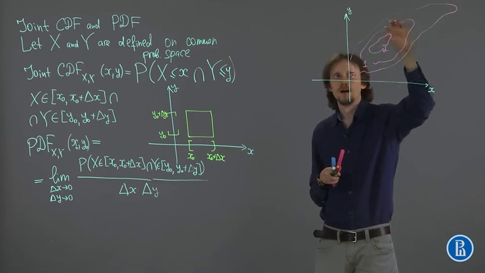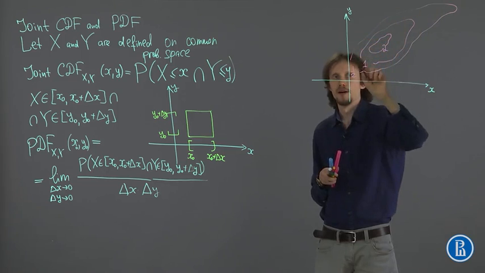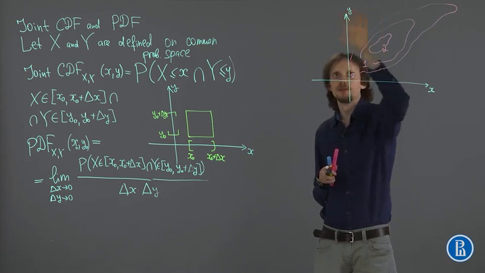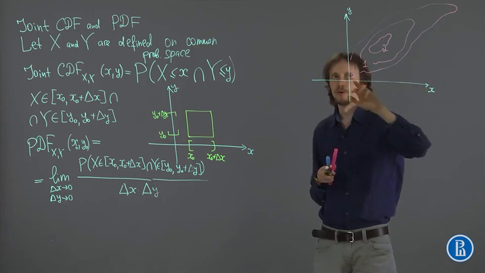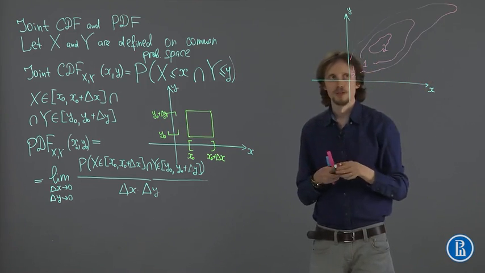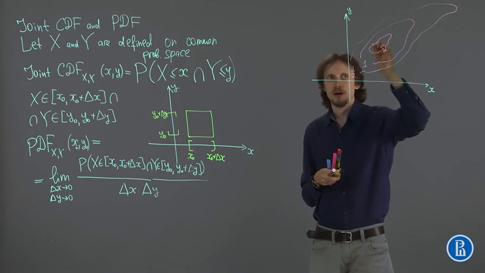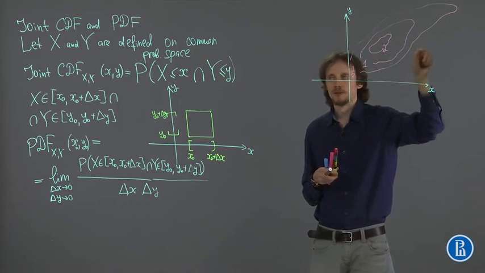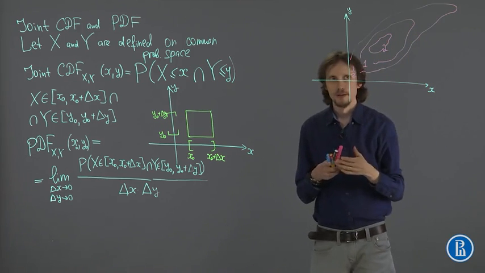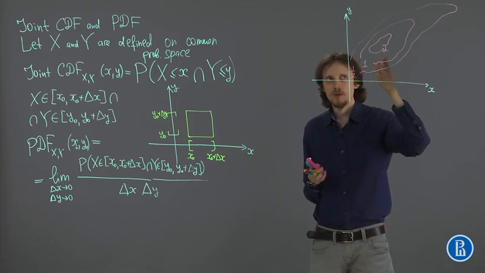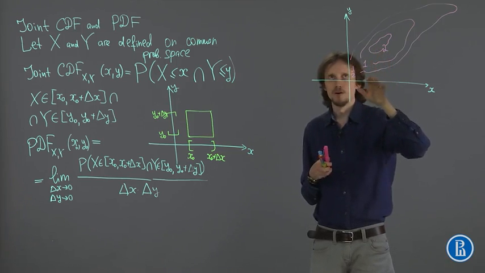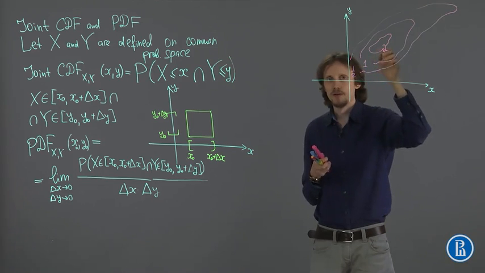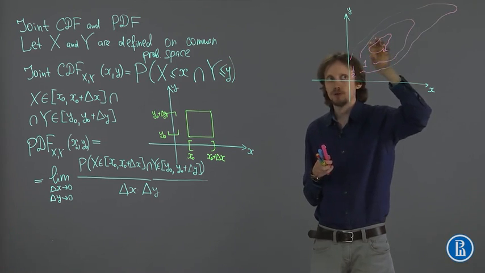In this area they are between 1 and 2, and in this area they are between 1/2 and 1, and here they are less than 1/2. It means that it is more probable to have a point that is here than in a similar rectangle somewhere here. So the probability density function gives us information about how likely it is to have values of our random variables that together give us a point near some particular point.